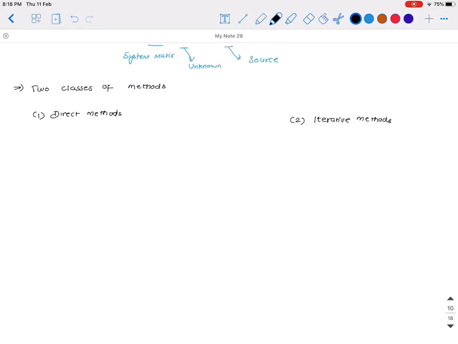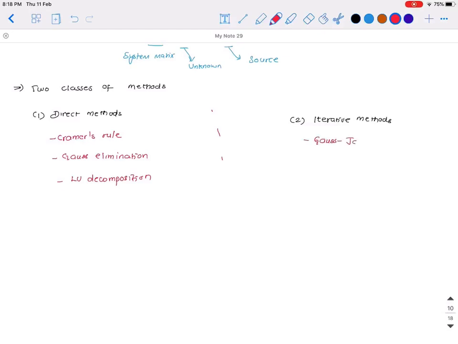Direct methods involve something like Cramer's rule, Gauss elimination, for example, and LU decomposition. These are all examples of direct methods.